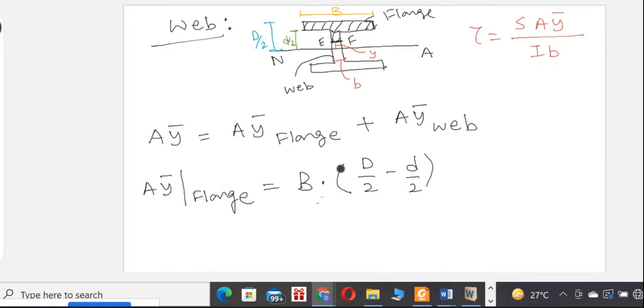Yes, I understand that you said the same, but this B into capital D by 2 minus small d by 2 gives us the height of this shaded part in flange. B is its width. That's why he said that this is the area for this portion. Now, what is the y bar then for this shaded part of flange? So this will give us A.